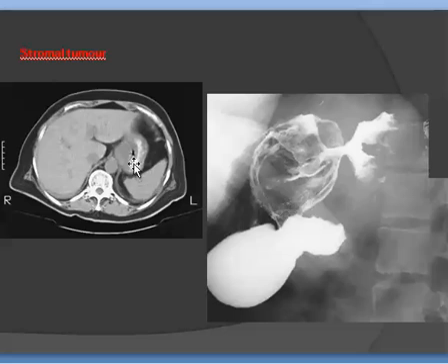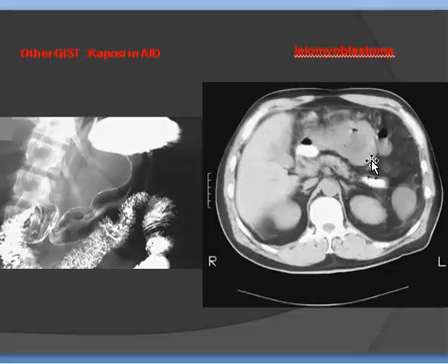Stromal tumors, again, a soft tissue shadow of a large exophytic mass and a small endophytic portion involving the region of the body of the stomach. Leiomyoblastoma, a large mass confined to the stomach and narrowing its lumen.